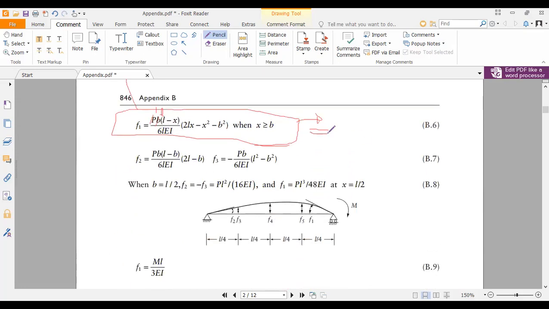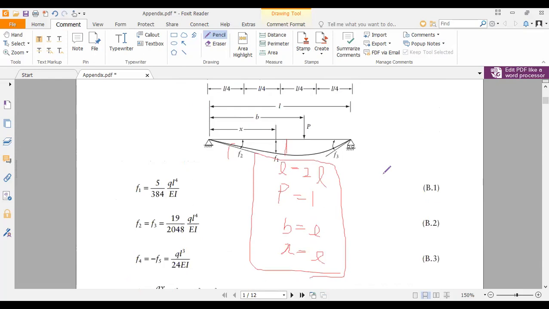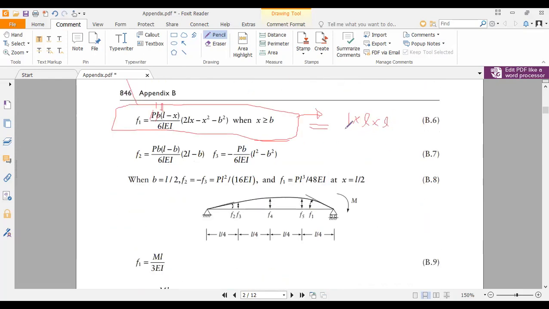So once you plug this in, you will end up with 1, this is L, 2L minus L is again L, over 6, this is 2L, I, right, into this is 2L, L, that is 4L squared. This is L, this is L, so altogether 2L squared.